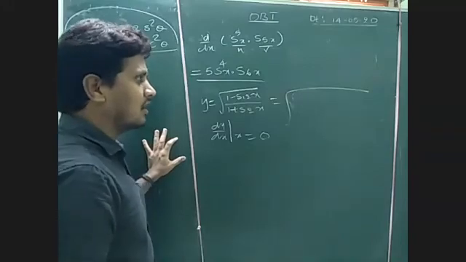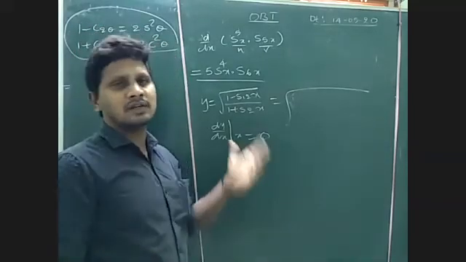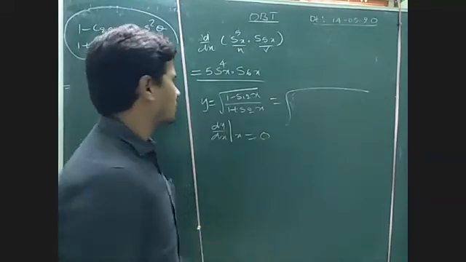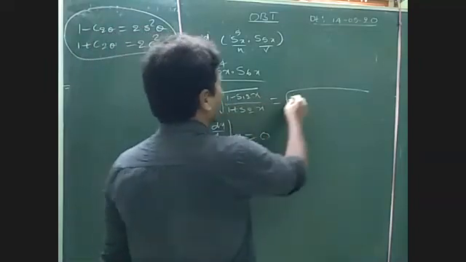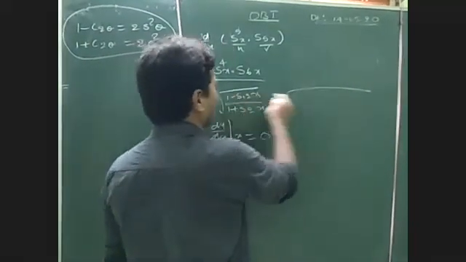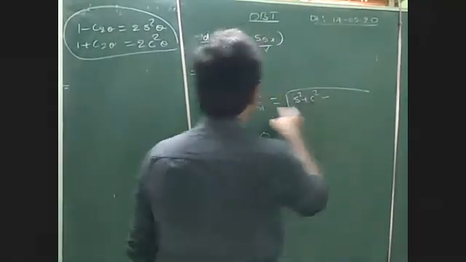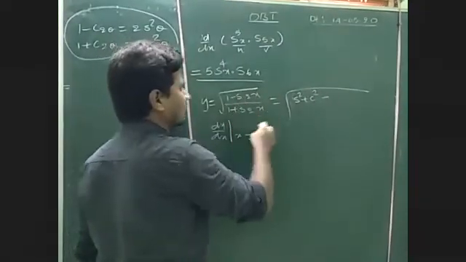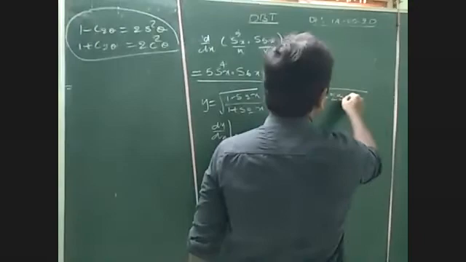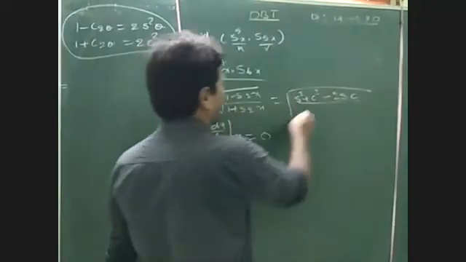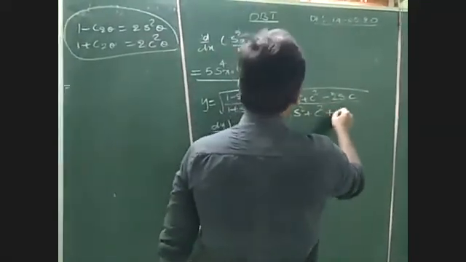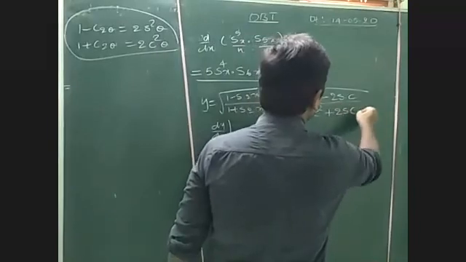But after rationalizing, we again have to convert into some other function. Otherwise, I want to write 1 as sin square plus cos square minus sin 2x, where sin 2x is 2 sin x cos x, and here again 1 as sin square plus cos square plus sin 2x, which is 2 sin x cos x.